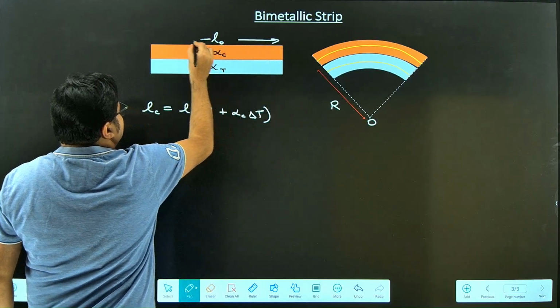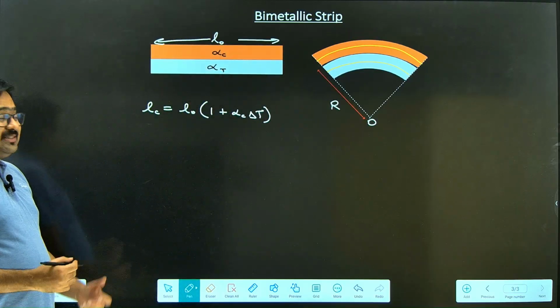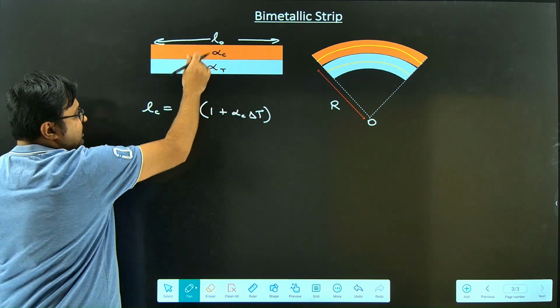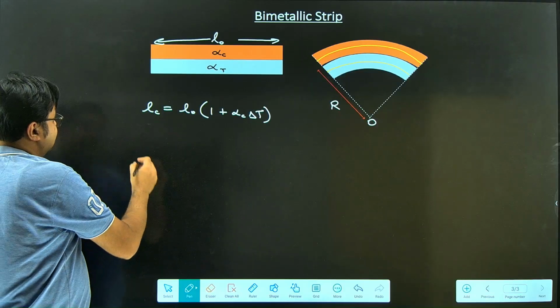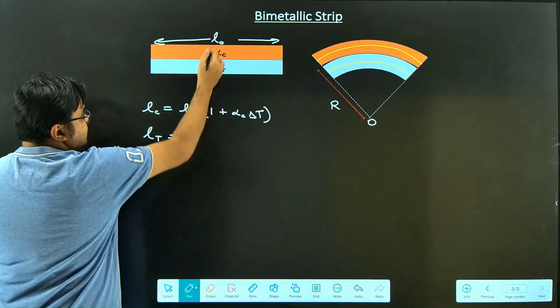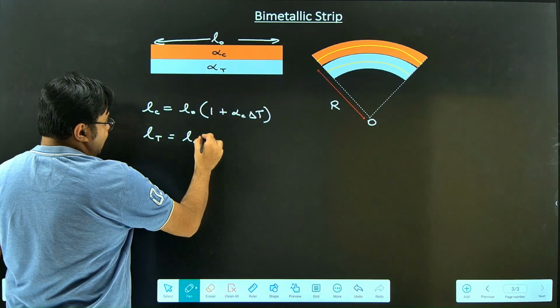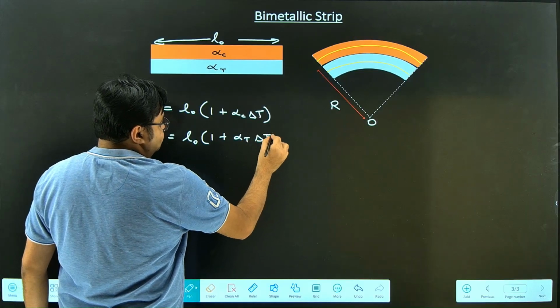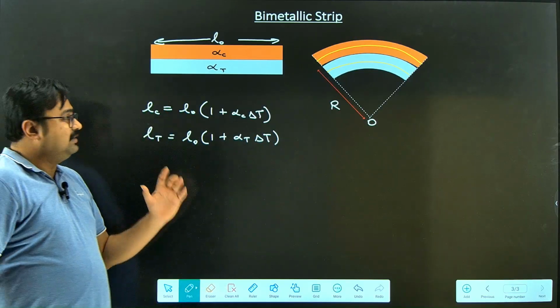Similarly, when you increase the temperature by delta T, both of these strips will have their temperature increase. So the length of the tungsten strip, starting with the same initial length L naught, would be L naught into 1 plus alpha T into delta T. So that's LC and LT.